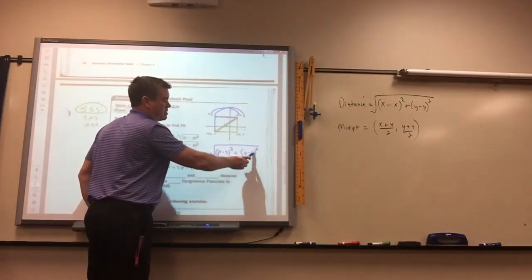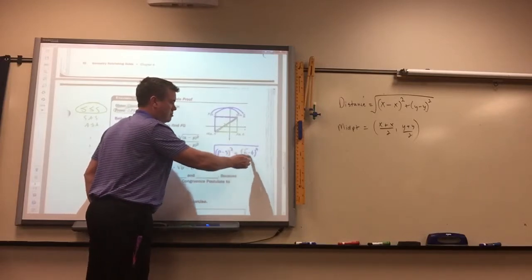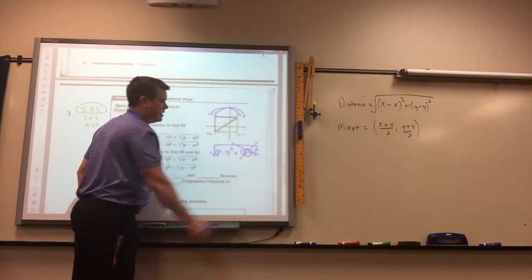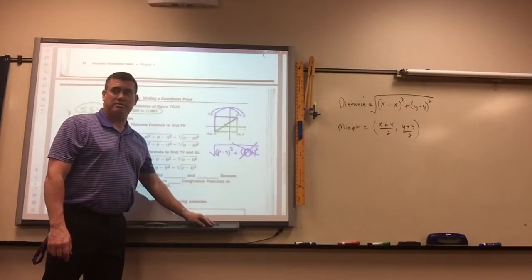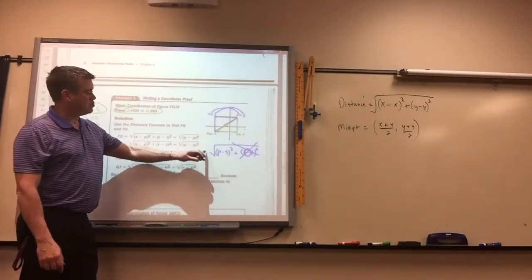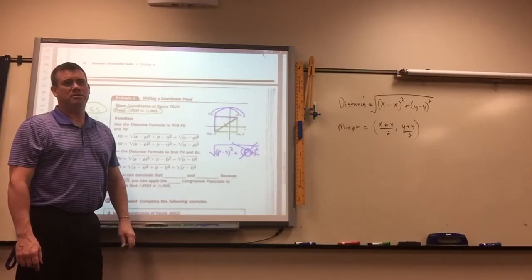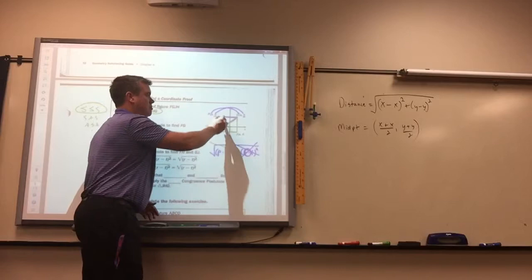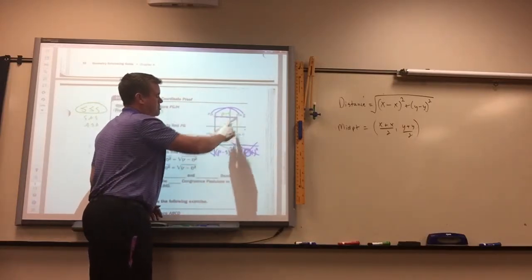Well, what is T minus T? 0. So 0 squared is nothing. So you're left with the square root of P minus S squared. What happens when you got a square root over something that's squared? They cancel each other. So you're just left with P minus S. So that length is P minus S.